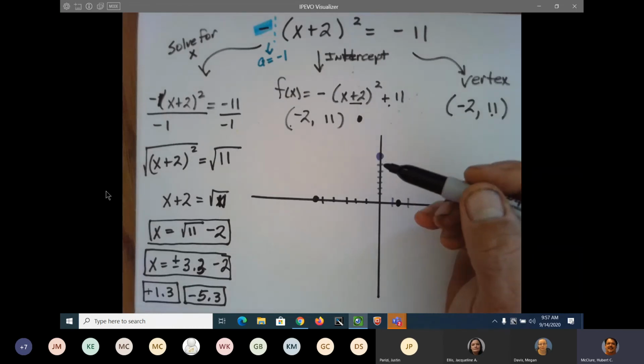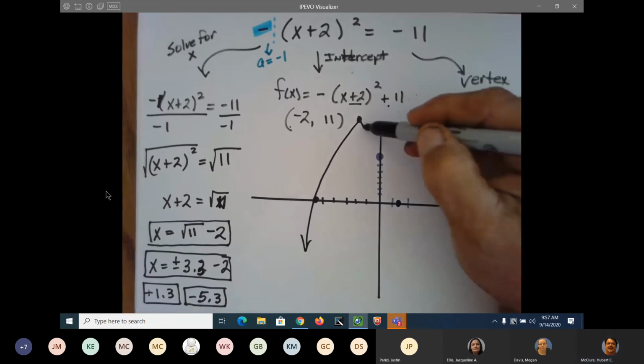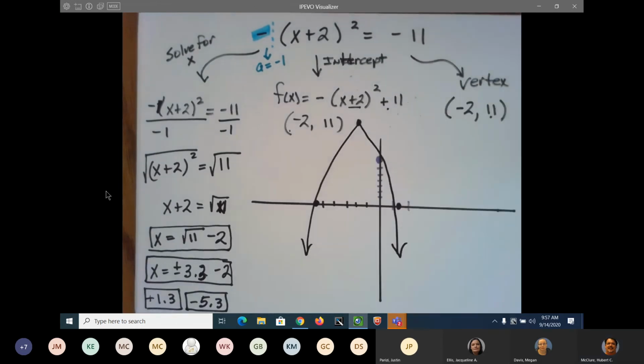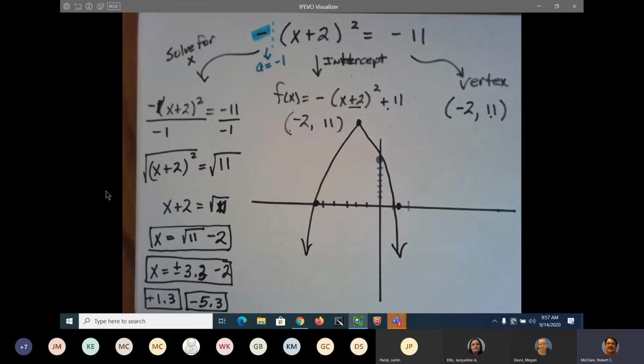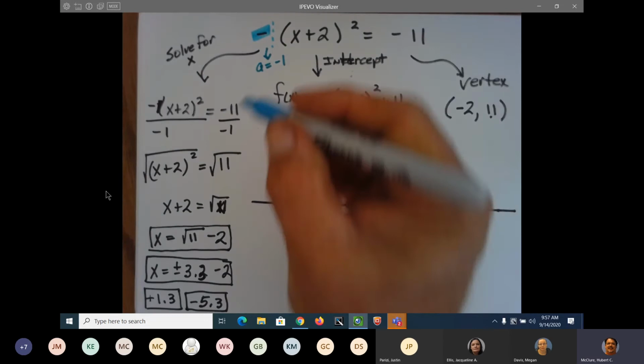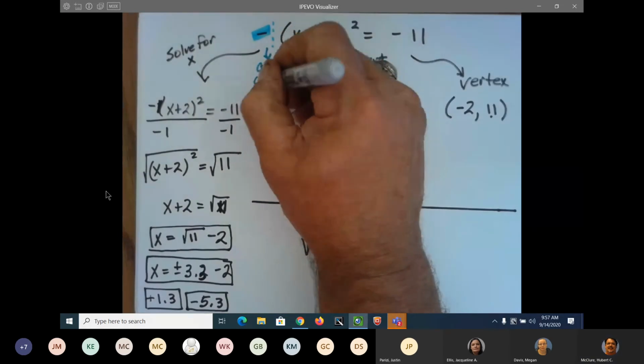You are correct. The function is upside down. Concave down. So when A is equal to -1, y'all learned that in chapter 2, that means concave down.